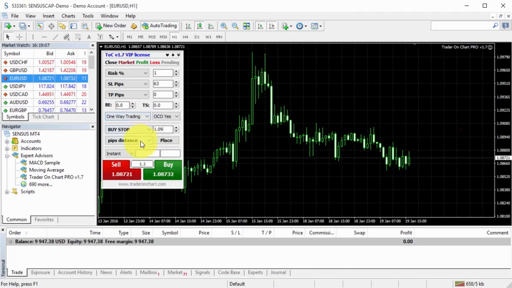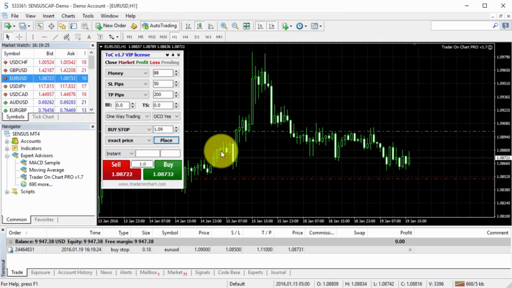It will be a buy stop at exact price, and I want a stop loss of 50 and take profit of say 200, and also I want to risk, I don't know, $88, and I click place, and it will place my pending order. It will calculate the right position size to lose $88 in case it hits stop loss.